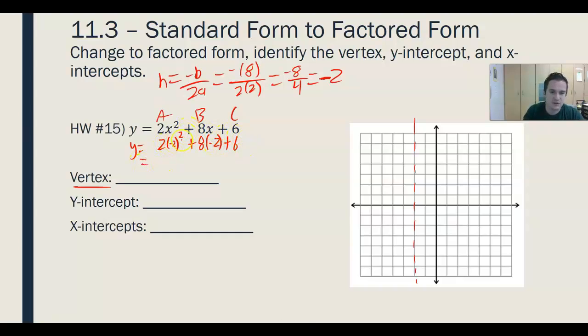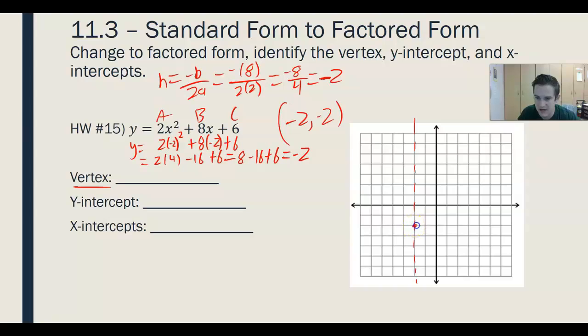So negative 2 squared is positive 4, so I have 2 times a positive 4. 8 times negative 2 is negative 16, plus 6. That's going to be 8 minus 16 plus 6. 8 minus 16 is negative 8, plus 6 is negative 2. So my vertex is at negative 2, negative 2. Right here is my vertex.